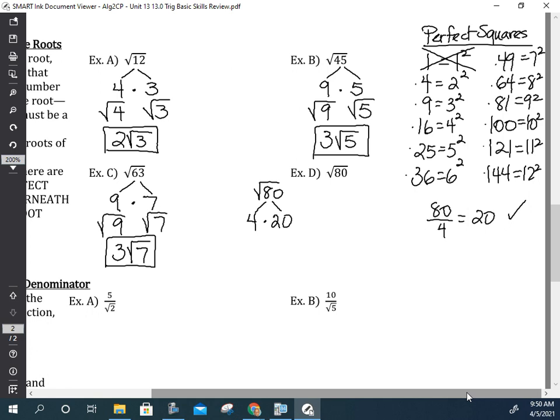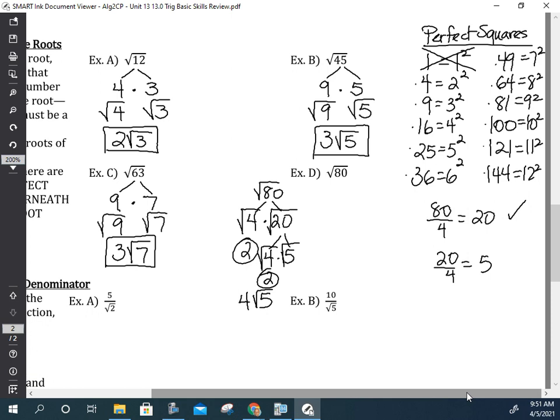The square root of 4 is 2, but 20 can still be broken down. 20 divided by 4 is 5. That means you would have to keep going. Two times 2 is 4.